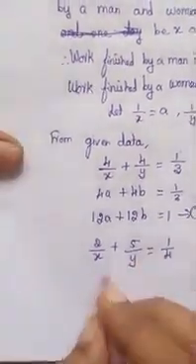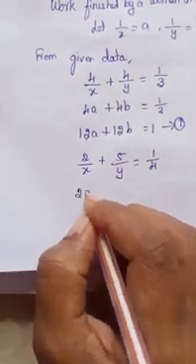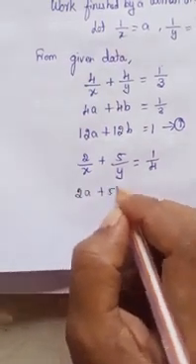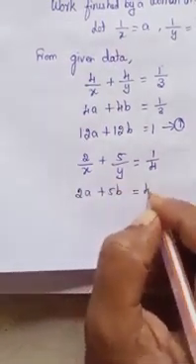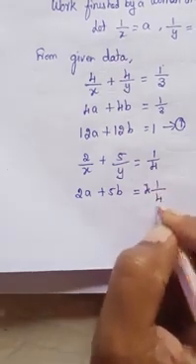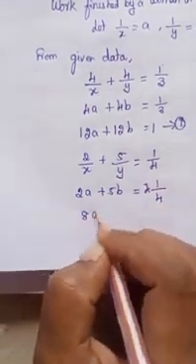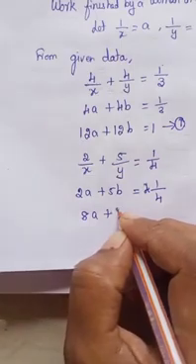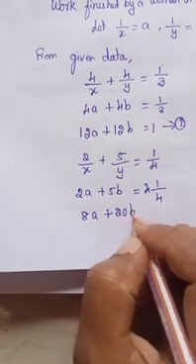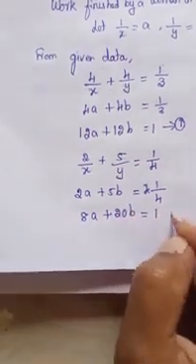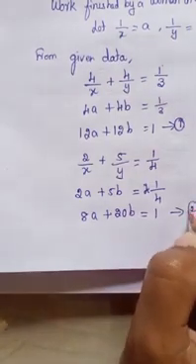See, change it in A and B. 2A plus 5B is equal to 1 by 4. Cross multiply, so we may get 8A plus 5 into 4, 20B is equal to 1. This is equation number 2.